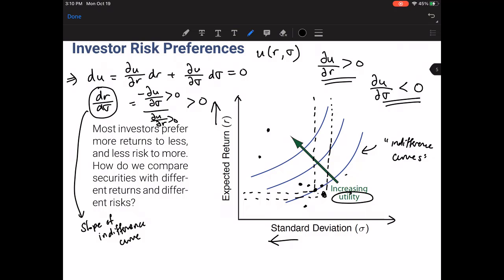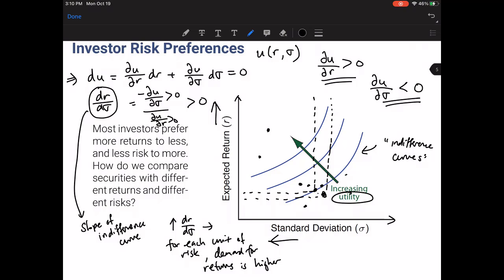This is saying that if we increase dR d sigma, that means that for each unit of risk, demand for returns is higher, right? So that's another way of saying that this person is much more averse to risk, if their sensitivity to changes in sigma is greater.